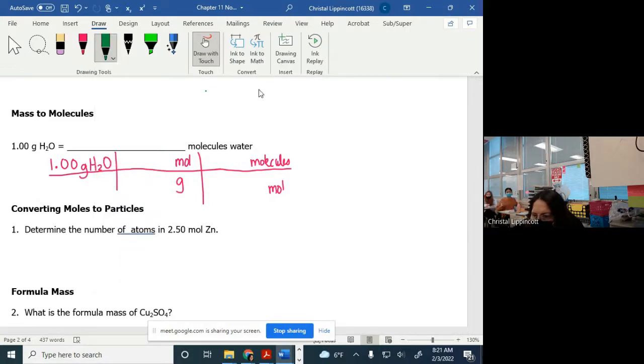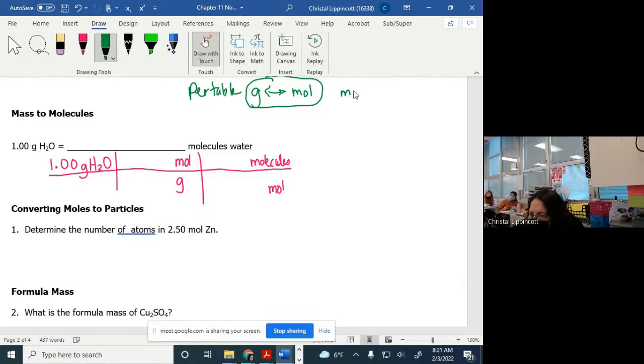When I go grams to moles or moles to grams, that's always going to come from the periodic table. So anytime I'm dealing with these grams, that's coming from the periodic table. That conversion factor you get from the periodic table.